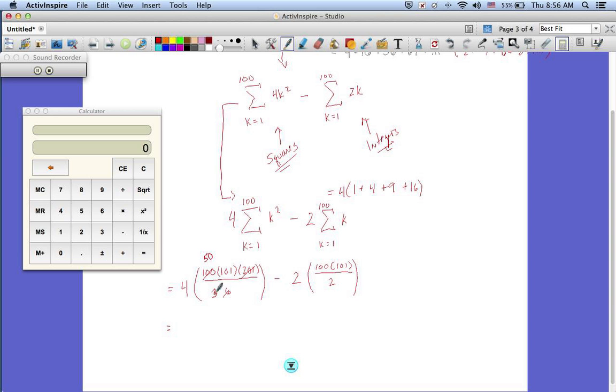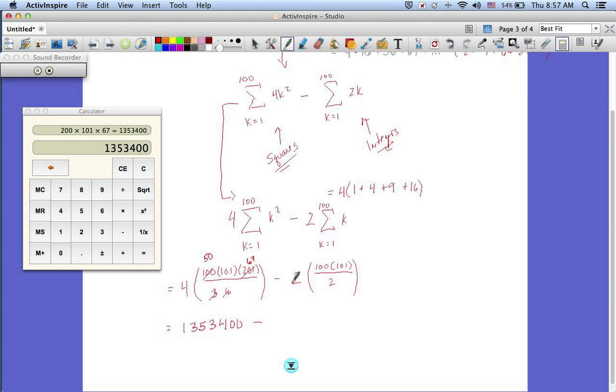So 201, that'd be what, like 70 is 210, so that's 9 too many, so 67. So I'm going to type into my calculator 50 times 4 times 101 times 67, and that gives me that ridiculously large number.